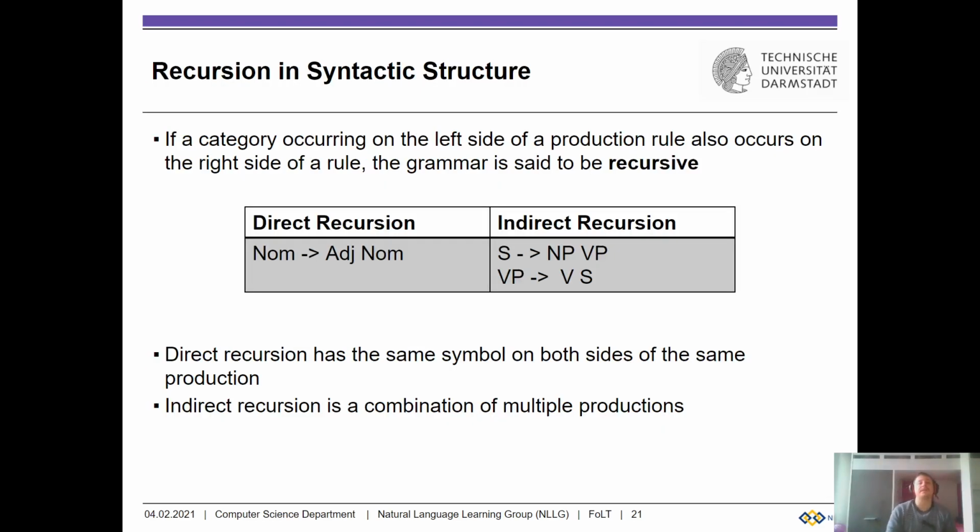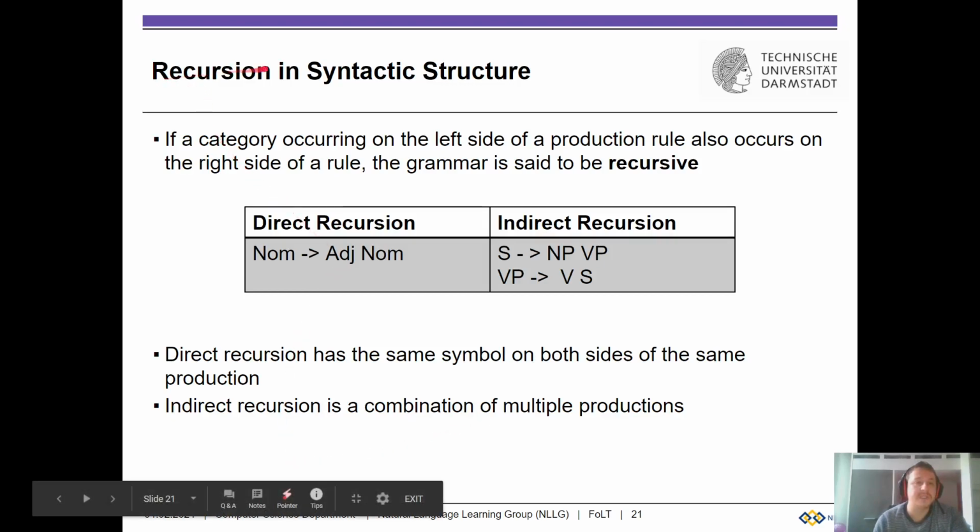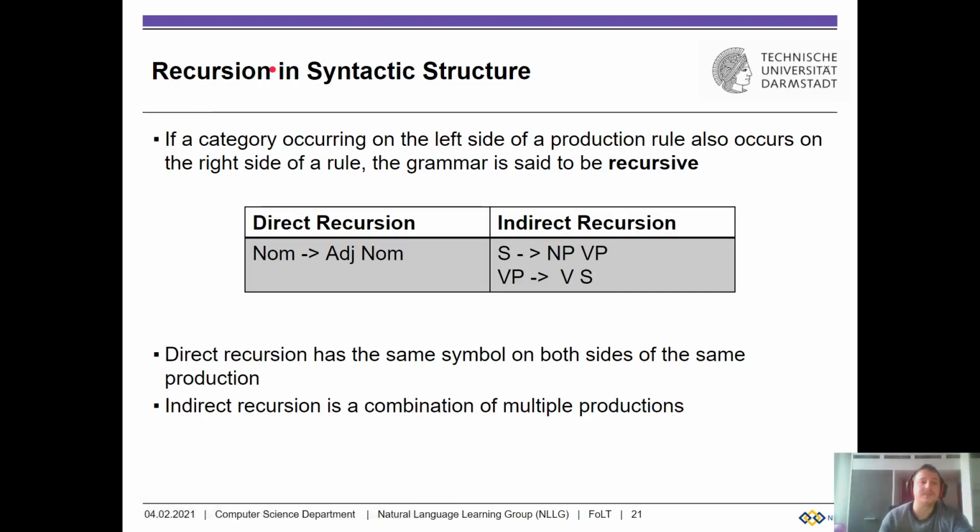Now we typically have recursion in syntactic structure. This is what we've seen in the motivation slides given earlier, that we can really generate an infinite amount of novel sentences, and that's what we need this recursion for. Formally we say, if a category, or a symbol, occurs on the left and also on the right of a rule, the grammar is said to be recursive, and that's going to be a recursive rule.